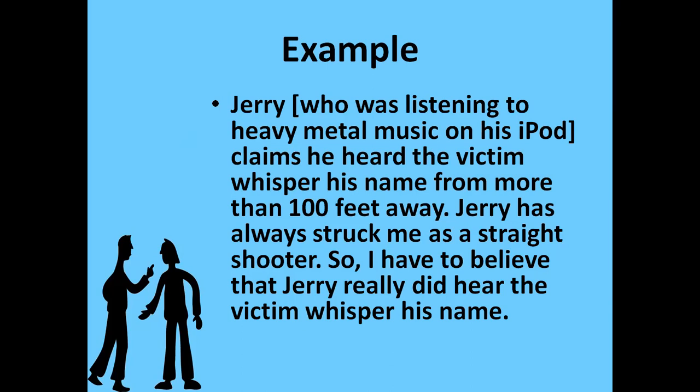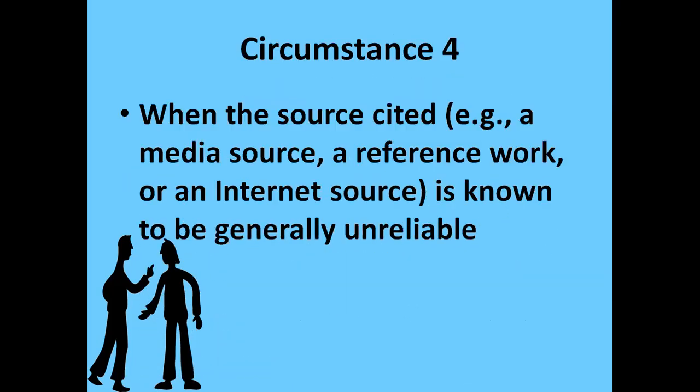Now look at the fourth circumstance or reason. It is when the source cited, that is a media source, a reference work, or an internet source, is known to be generally reliable or generally unreliable. Generally speaking, it is reasonable to accept claims made in reputable newspapers, magazines, encyclopedias, radio and television news programs, and internet websites.